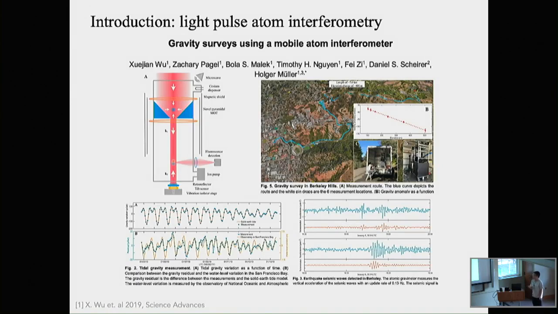Another experiment I'd like to talk about is a more practical usage of the atom interferometer. What you see here is a mobile atom interferometer. It has only one laser and a pyramid mirror, so it's very compact and stable. Here you see a continuous measurement of gravity in the lab for 14 days, and you can see the gravity varies day by day.